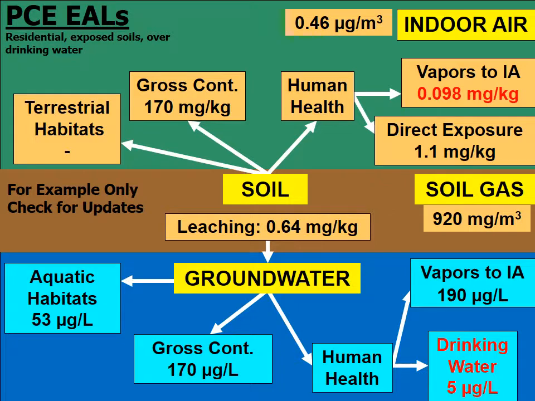For drinking water, the final action level is 5 micrograms per liter based on the drinking water MCL for PCE. So in this case, for drinking water, toxicity drives potential risk for PCE contaminated groundwater. This isn't always the case. For less toxic compounds, gross contamination might drive the risk.